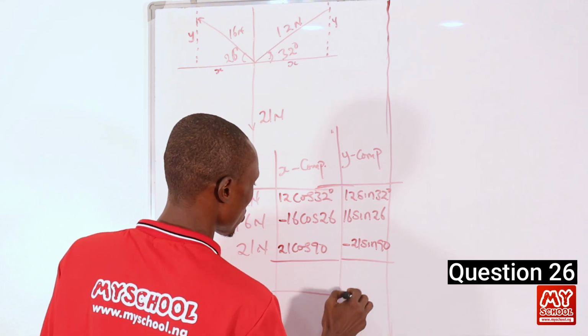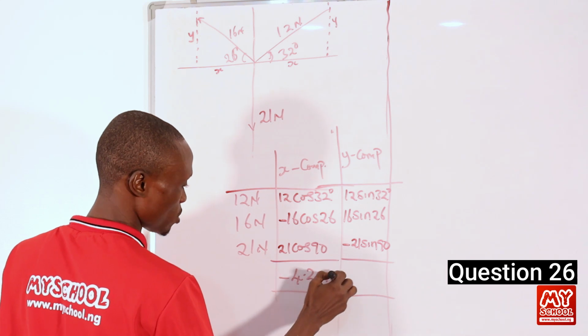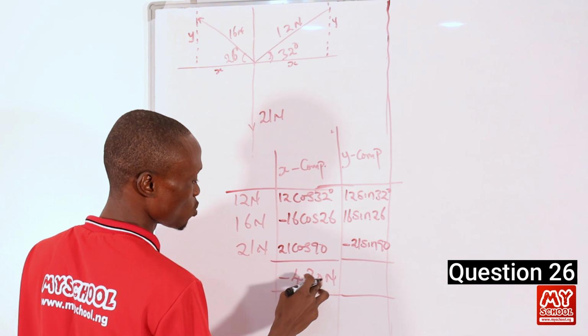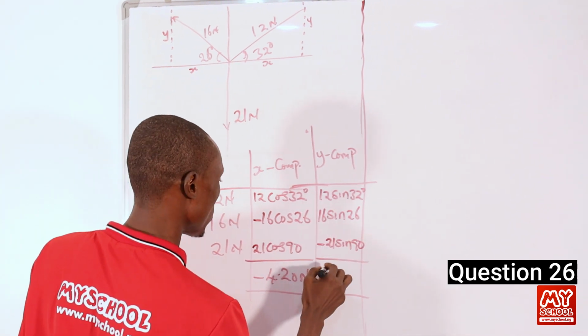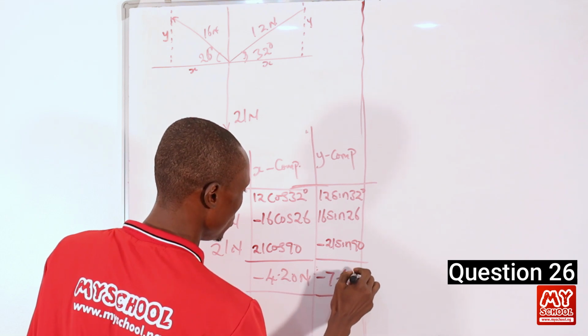If we total this here, we'll have minus 4.20 Newton. Use your calculator to sum all this up. That will give you minus 4.20 Newton, while here it gives you minus 7.63 Newton.